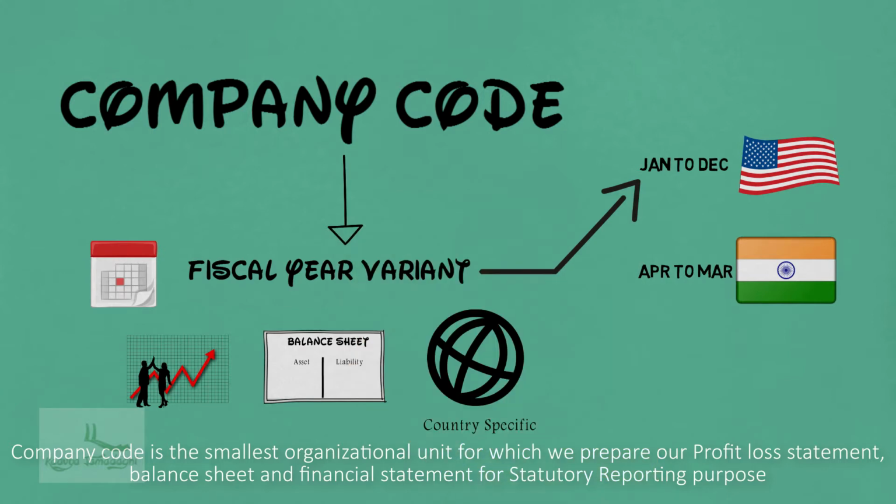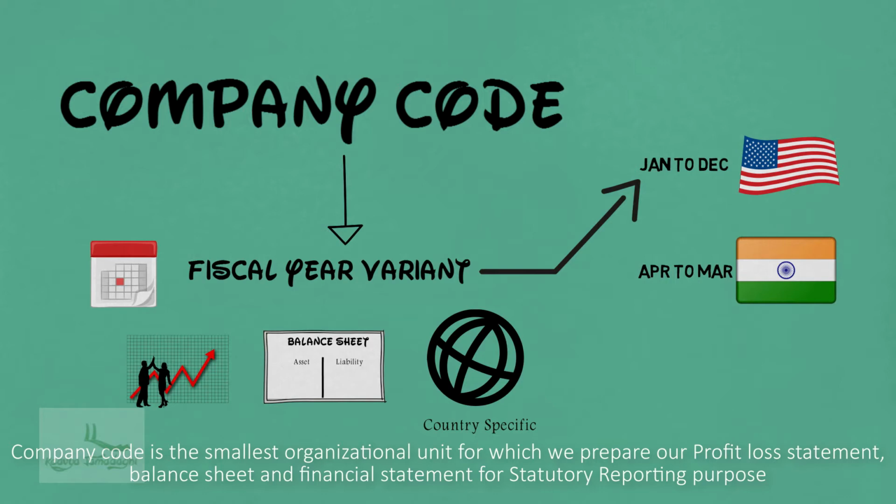Another thing to remember is a company code can have only one fiscal year variant for posting purpose. There are other options available in the new financial accounting, but for now, in case of classic financial accounting, you can have only one fiscal variant for posting purpose.